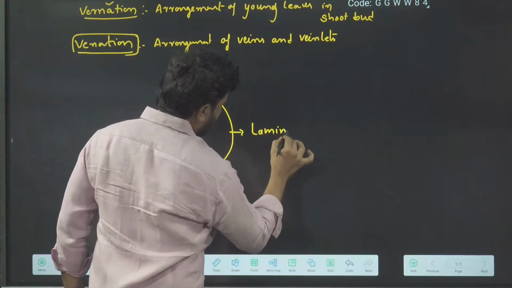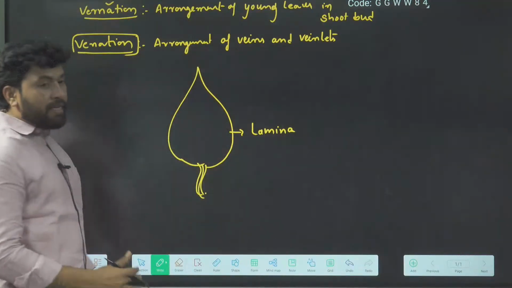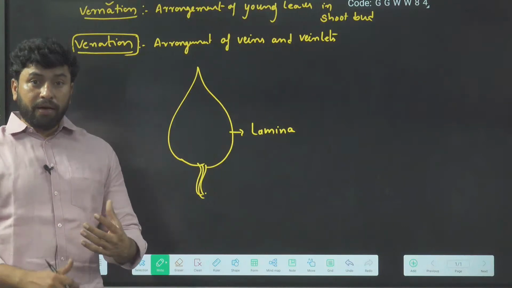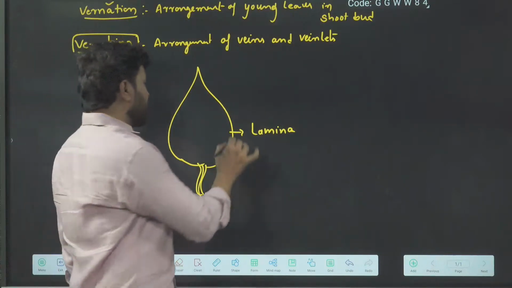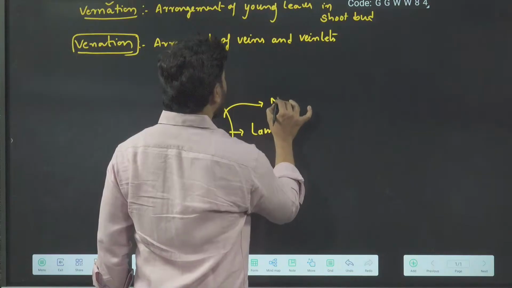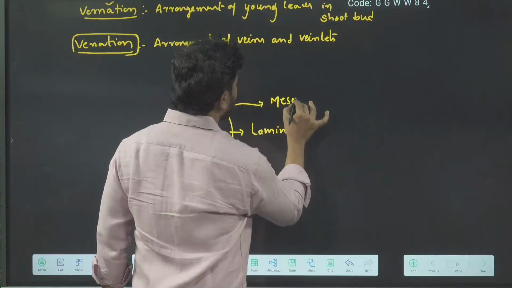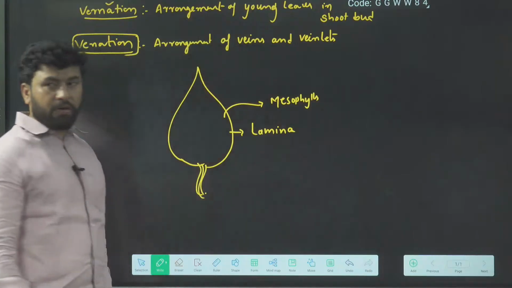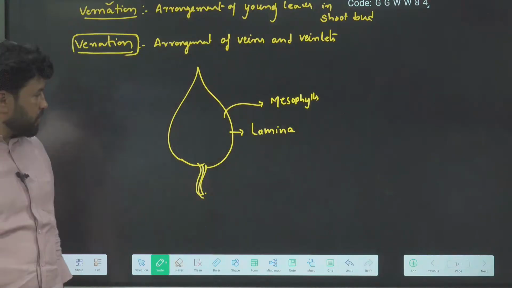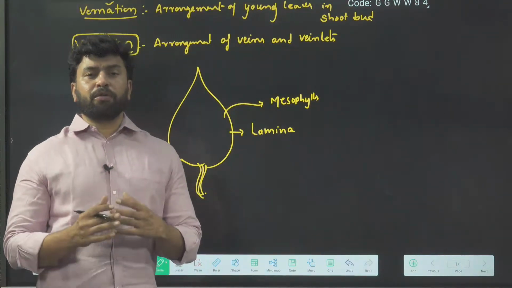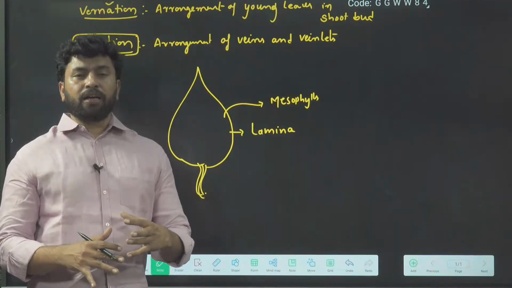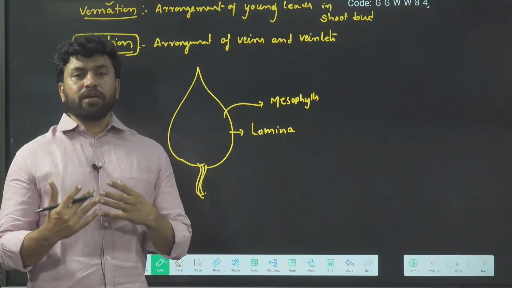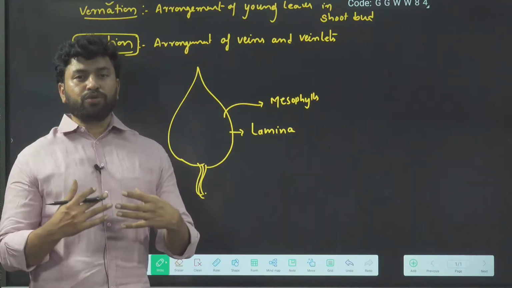In the lamina, there is a special type of parenchymatous tissue. This parenchymatous tissue is called mesophyll tissue, which is mainly responsible for photosynthesis. If mesophyll tissues are performing photosynthesis and constantly synthesizing sugars, where do they transport and store them?